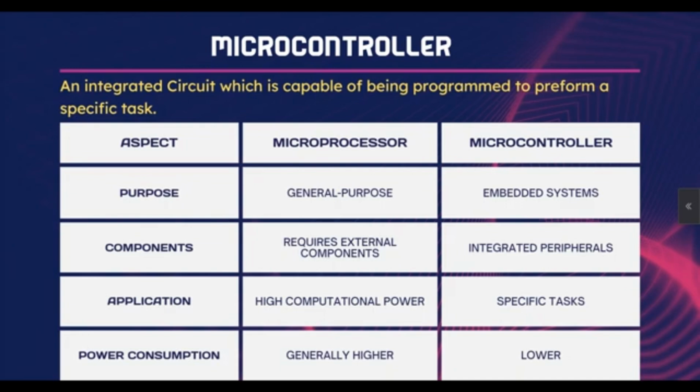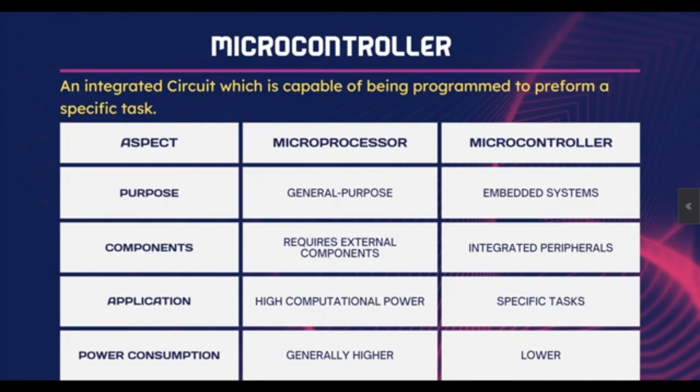Here we have created a table showing the difference between microprocessor and microcontroller. In terms of purpose, microprocessors are used for general purpose, and microcontrollers are used in embedded systems. In terms of components, a microprocessor requires external components, but in a microcontroller, everything is integrated in the board only.